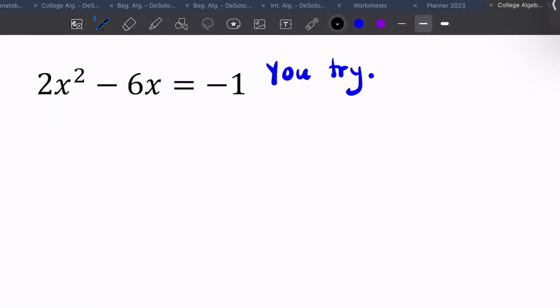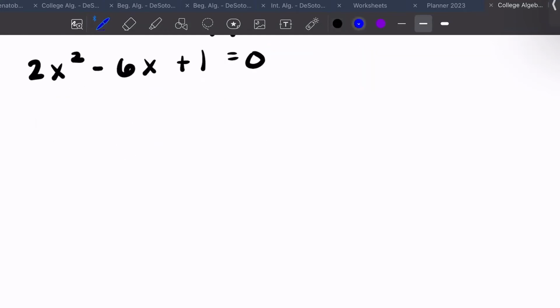Okay. Your first step is standard form, so equal to 0. So you're going to have 2x squared minus 6x plus 1 is equal to 0. Label your A's, B's, and C's. A is 2, B is -6, C is 1. And then you're going to plug those into your equation.